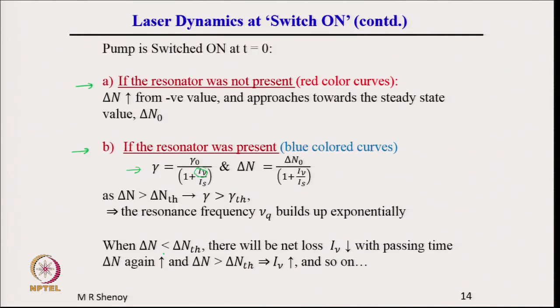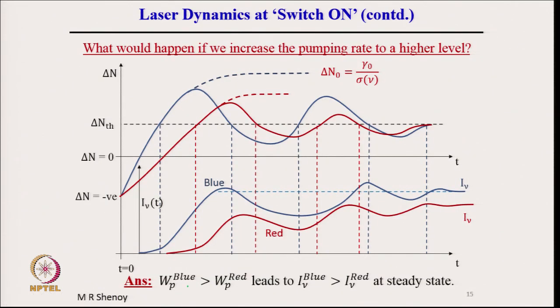So, when delta n falls below delta n threshold, there will be net loss and intensity decreases with passing time. Delta n again rises and becomes greater than the threshold, intensity increases and so on till it reaches steady state. This is the explanation which I have already given. Now, the question is, what would happen if we increase the pumping rate?